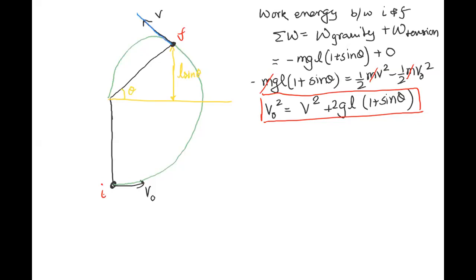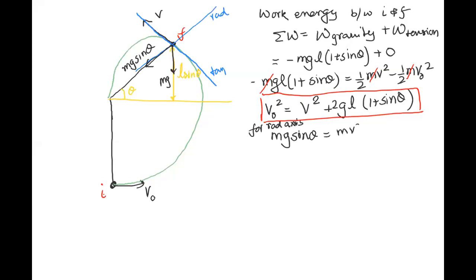So this is the tangential axis for circular motion. This is the radial axis. Forces acting on the object are mg. Radial force would be mg sine theta. Everything remains the same. So mg sine theta for radial axis is equal to mv square by L. v square is equal to gL sine theta.